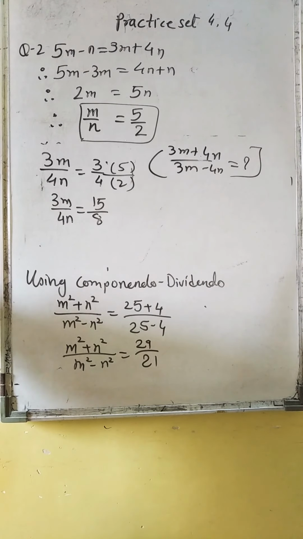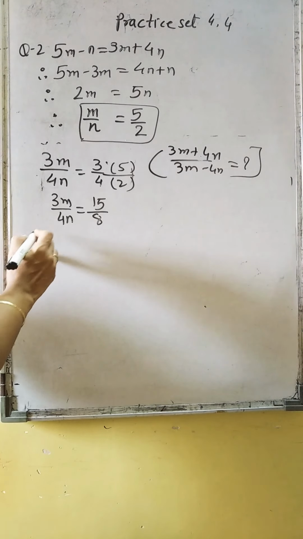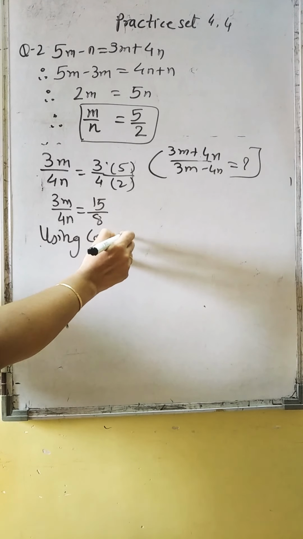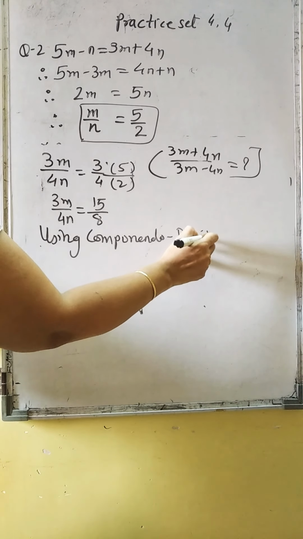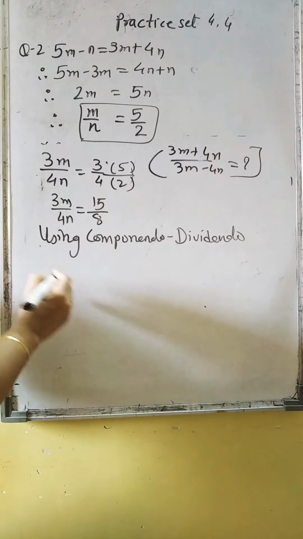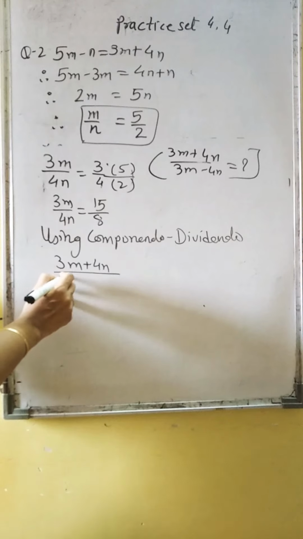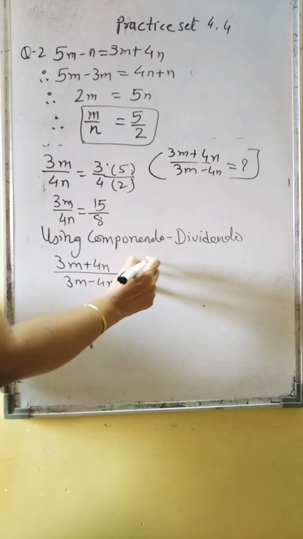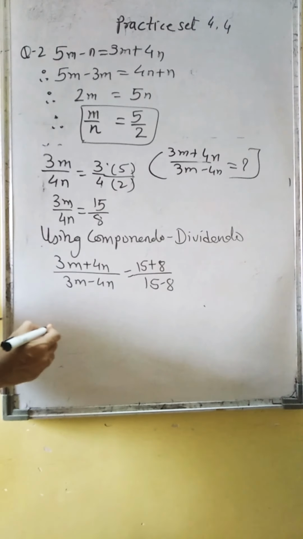Now what will you do? Using componendo dividendo, what will you have? 3m plus 4n upon 3m minus 4n is equal to 15 plus 8 upon 15 minus 8.